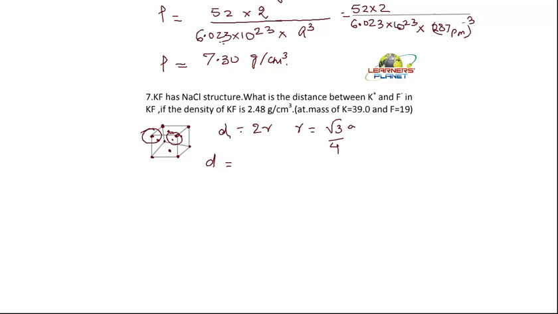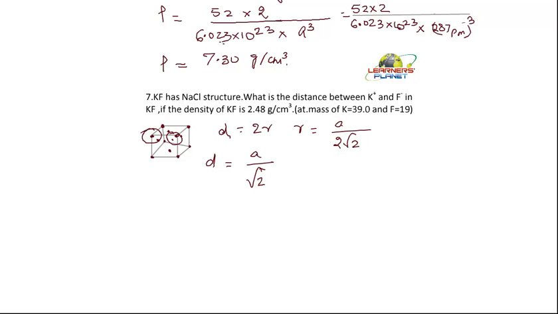For FCC, r is a by 2 root 2, right? And so the nearest neighbor distance should be a by root 2.